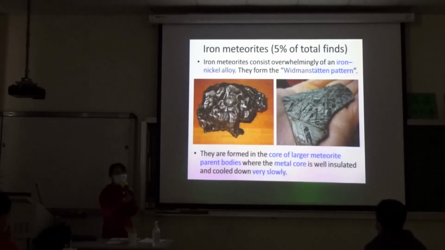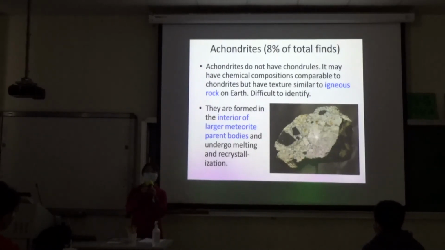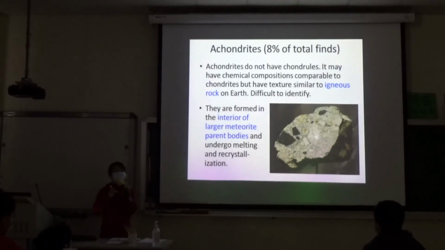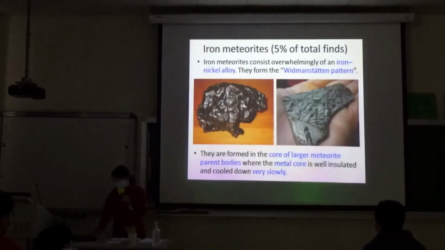The iron and silicate, this is iron and this is silicate, they no longer mix with each other. They start to separate. And later, this parent body breaks down, probably because of some impact. And the debris of this parent body enters the Earth. The outer part is the achondrites, and the inner part is iron meteorite.